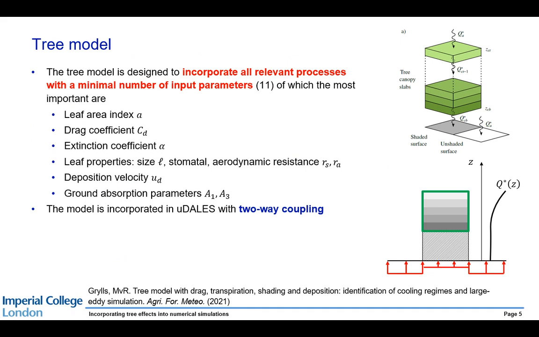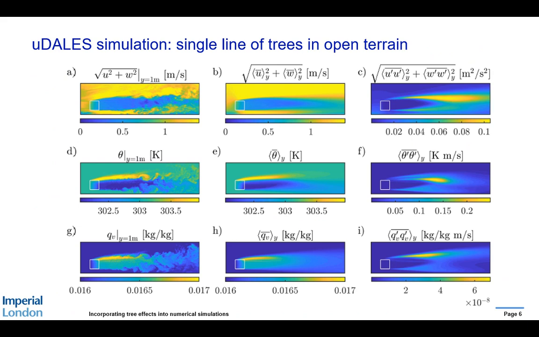And the surface energy balance of the tree is obviously affected by their properties in terms of the transpiration and the sensible and latent heat fluxes that go along with that. And this is implemented in UDALAS with a two-way coupling, so the air will feel the effect of the trees.